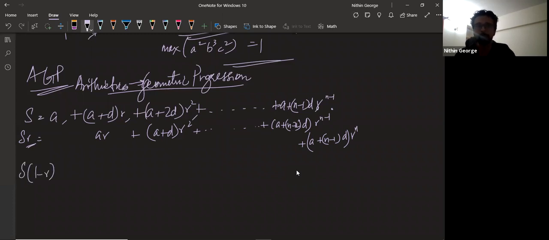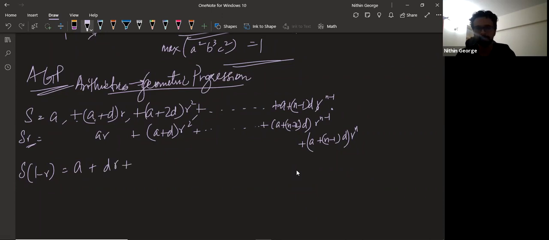S into 1 minus r. What will happen now? The first term a remains as it is. This becomes a plus d minus a into r, which becomes d into r.